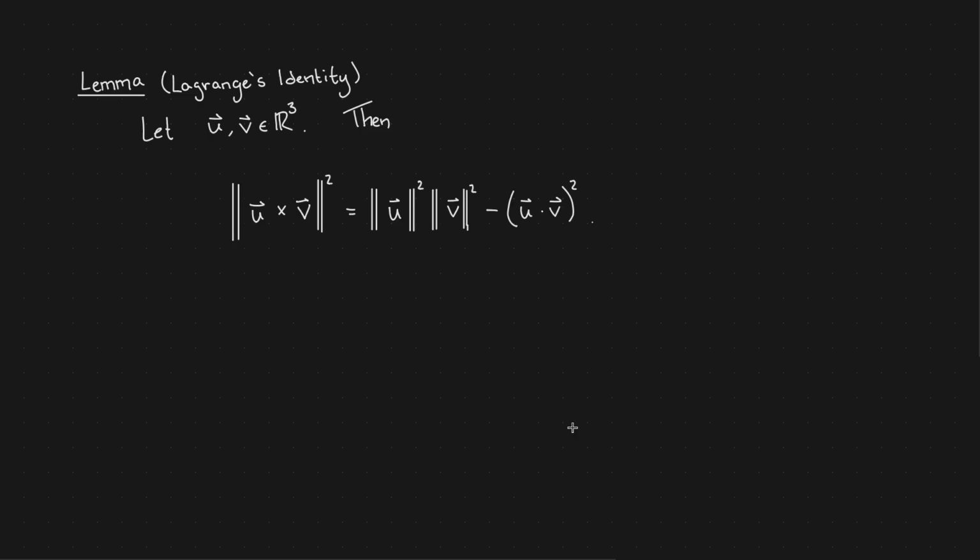Now, I'm not going to prove this. The proof isn't hard, but it is a bit long and tedious. You find the cross product of u and v, you look at the formula, you take the norm, you square it, and then you simplify. And you do the same thing on the right-hand side. You plug in the component form of vectors u and v, you simplify as far as you can, and you'll see that the two sides are equal.